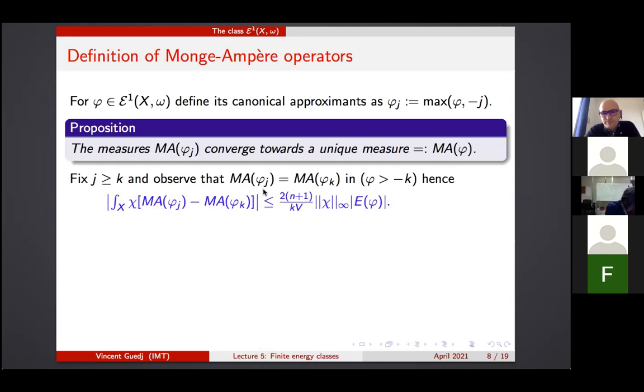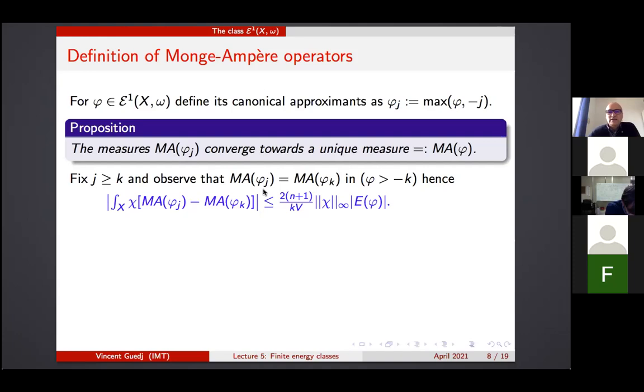And as a consequence of that, when you look at these two measures acting in the Radon sense on the test function chi, the absolute value of the integral of the difference is bounded from above by a certain constant times the sup norm of the test function divided by k, where k is the smallest of the two indices, times the energy of phi.